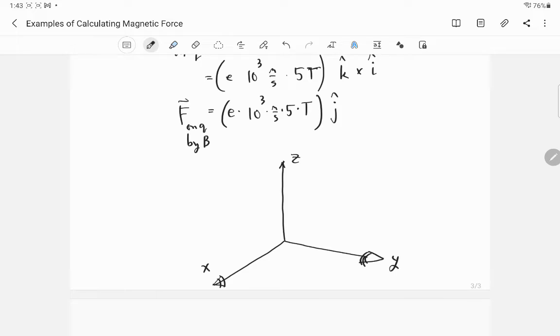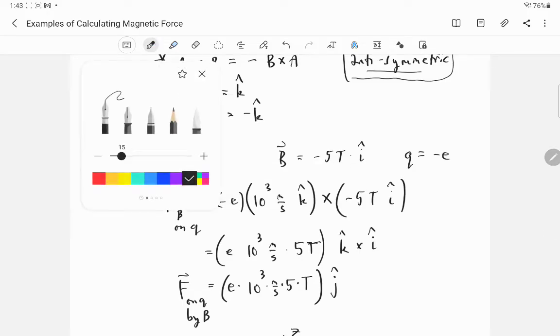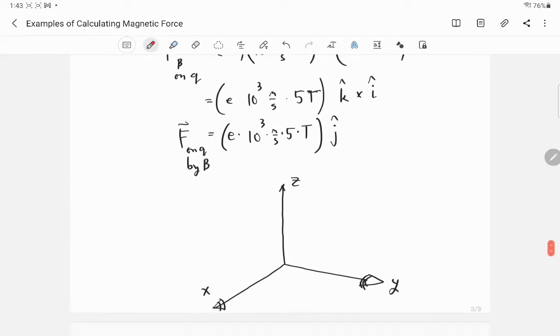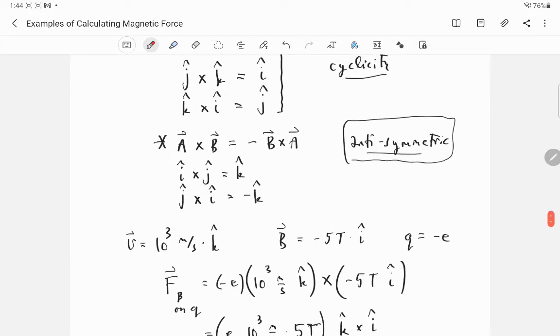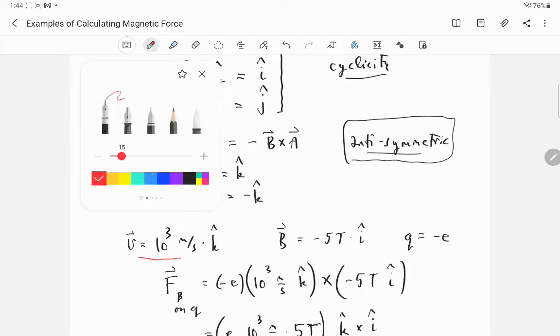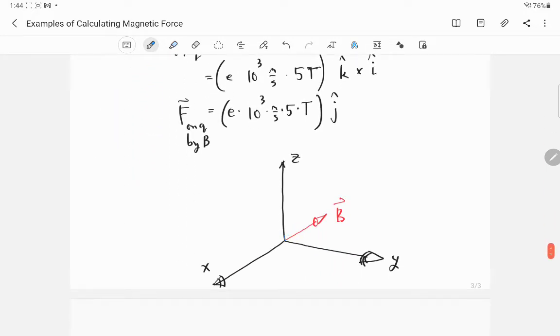And I have an electron, right? So remember that the magnetic field is in the negative I hat direction. So let me draw the magnetic field vector arrow. It's in the negative I direction, right? So that's the magnetic field. And the velocity is in the K hat direction. So that's the Z direction. So actually, let me change color. So the velocity is this way.